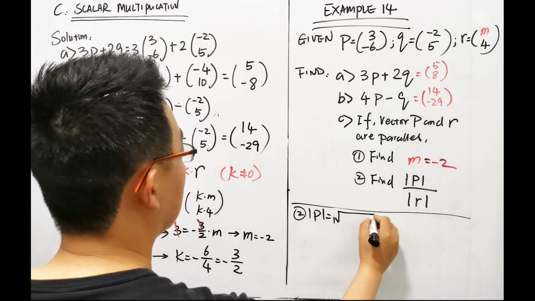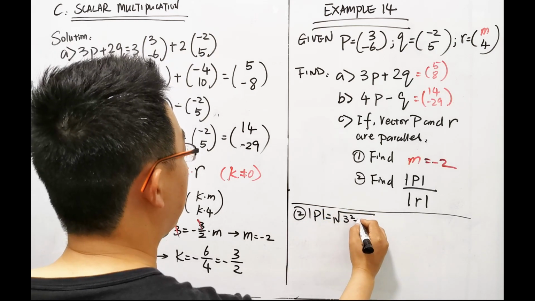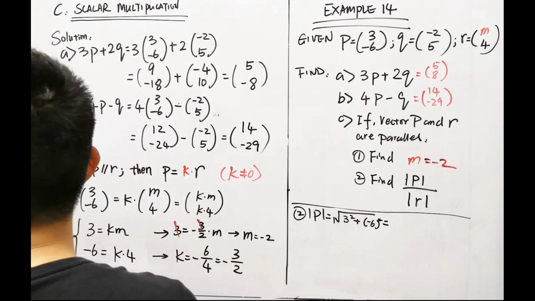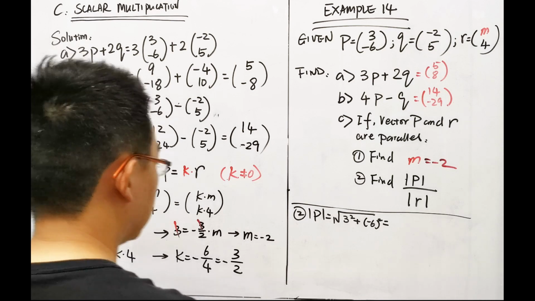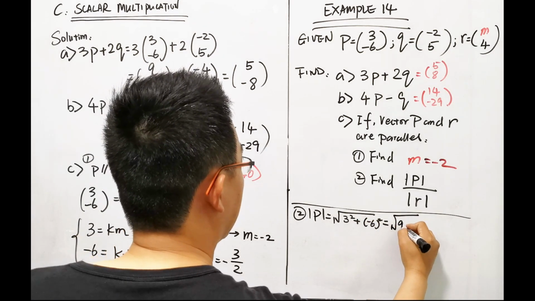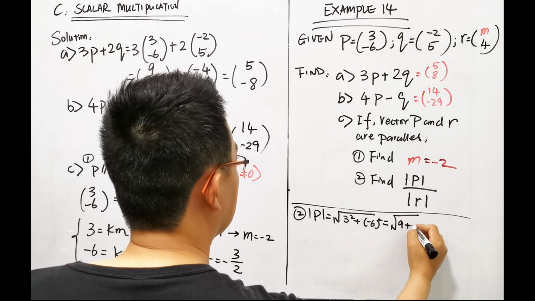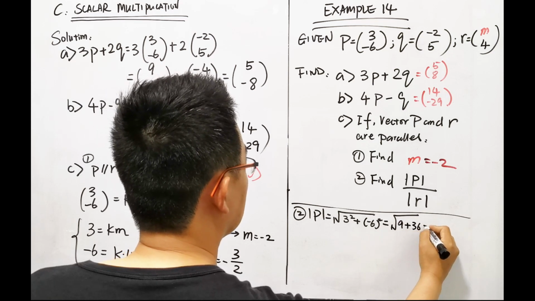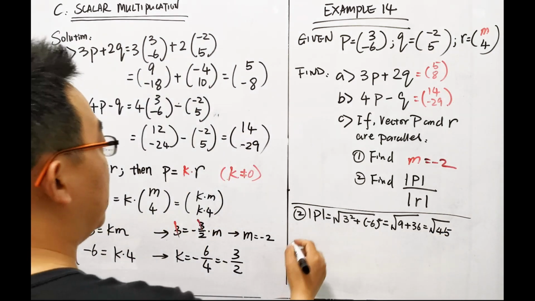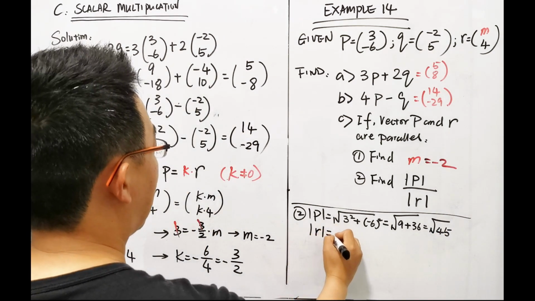P is 3 squared plus minus 6 squared. So we get 9 plus 36, which is 45. Okay, this is P. So we get R.